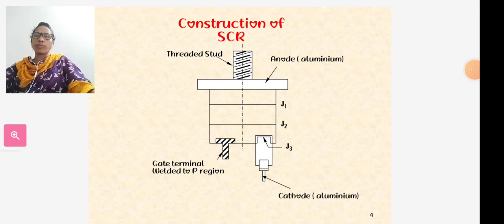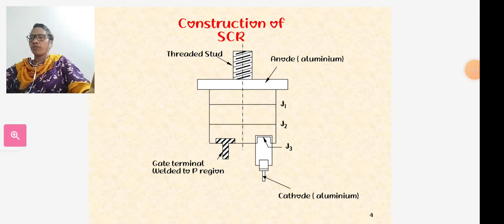Anode is the positive terminal, cathode is the negative terminal, and the signal will be applied to the gate terminal.